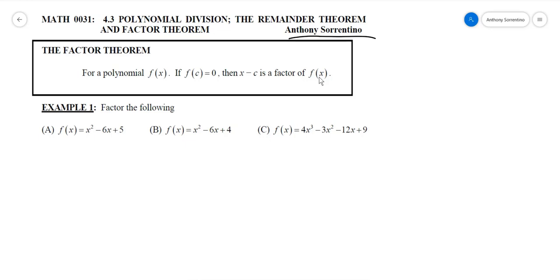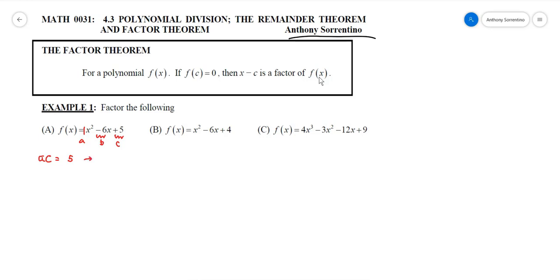So for instance, when I look at f of x equaling x squared minus 6x plus 5, as in part A here, we have methods of factoring this. I'm going to use the AC method, with A being 1, B being -6, and C being 5. AC equals a positive 5, and there's not a whole lot of factors that give you positive 5.